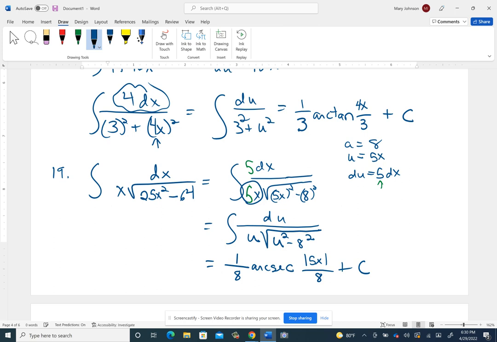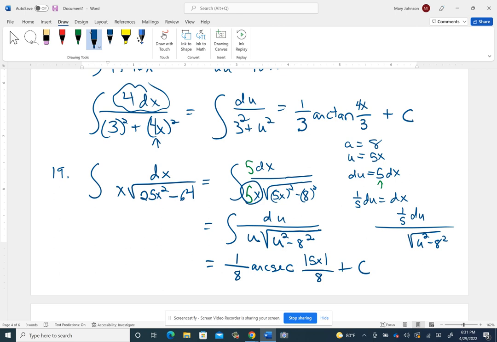So you might have thought you needed to have 1 over 40 or something like that, because you did the 1/5 du equaling dx. Okay, but if you did that instead of what we did, then up there on top you would have had a 1/5 du, and under here you would have had the u squared minus the 8 squared.